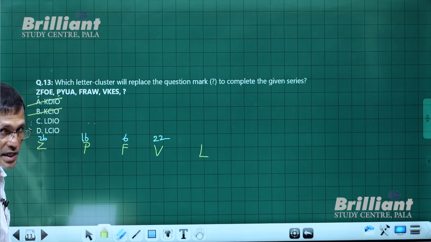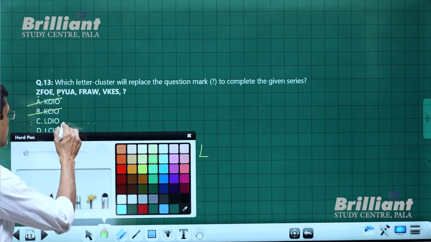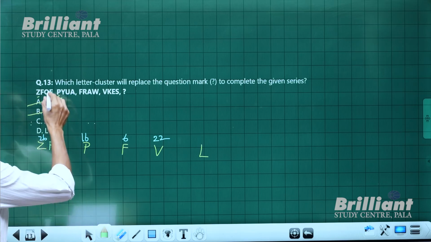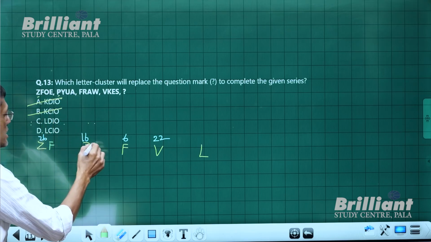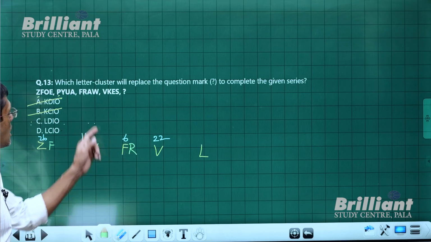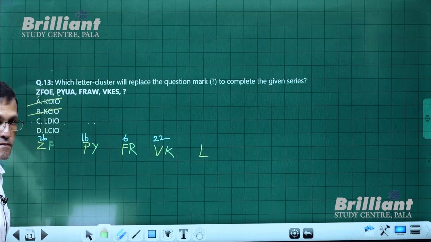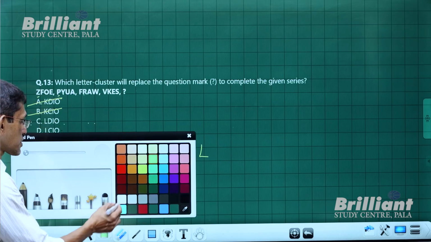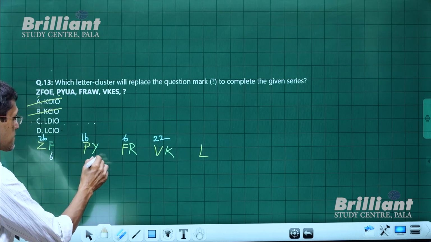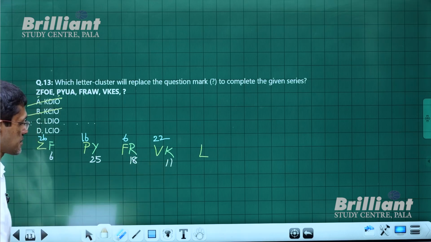Now look at the second letter. For the second letter, we pick a different color. So F, here it's Y, here it is R, and in this case it is K. Let's write down the position values for these letters. 6, this is 25, this is 18, and this is 11.